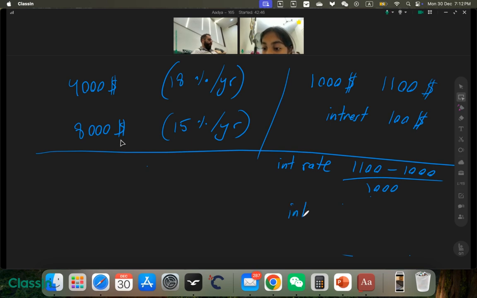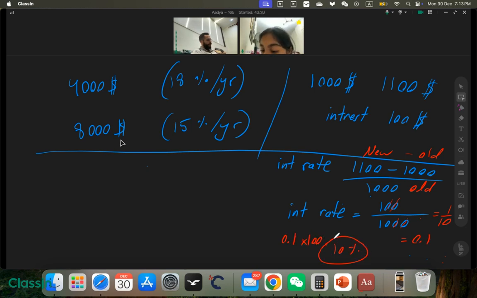So 100 over 1,000 is 1 over 10, which is 0.1. 0.1 times 100 is 10%. So the bank is taking 10% interest.